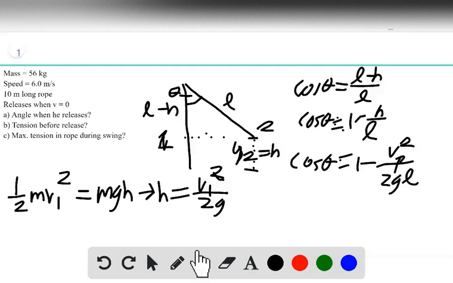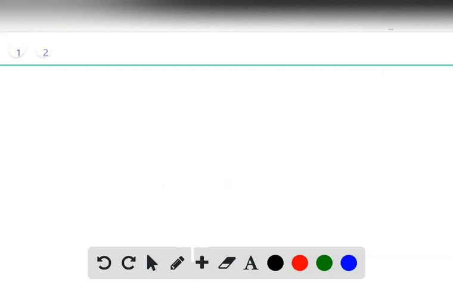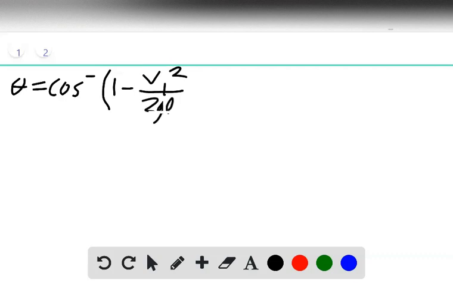I'm going to go onto a different page so this doesn't get too messy. So theta equals cosine inverse of 1 minus v1 squared over 2gL. This is how we're solving for theta.